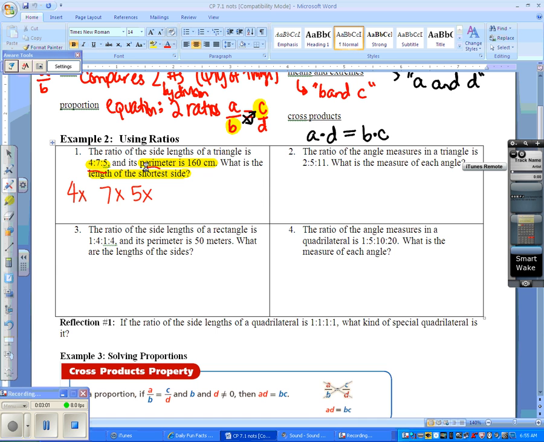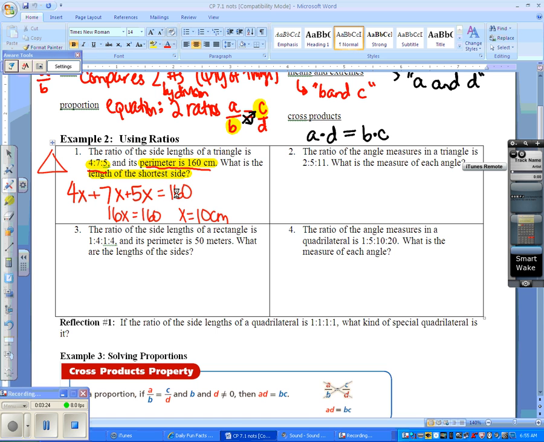Then it talks about perimeter. We know perimeter is just the distance around something, so the distance around this triangle is 160 centimeters. If you add up all the sides, it should equal 160 centimeters. 4 plus 7 plus 5 is 16x. Then you divide both sides by 16, and you get x equals 10 centimeters.